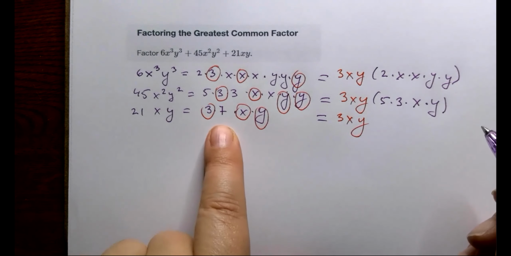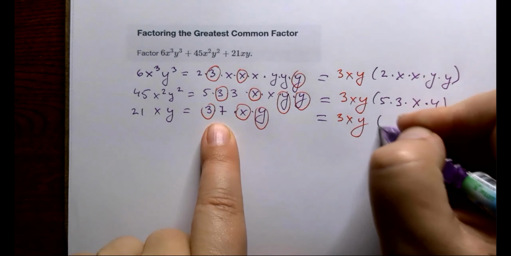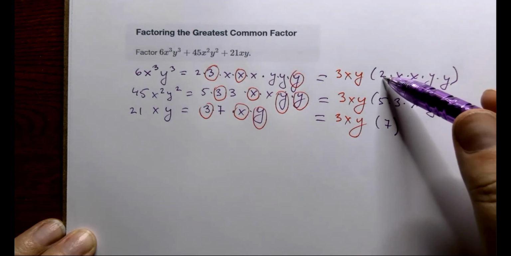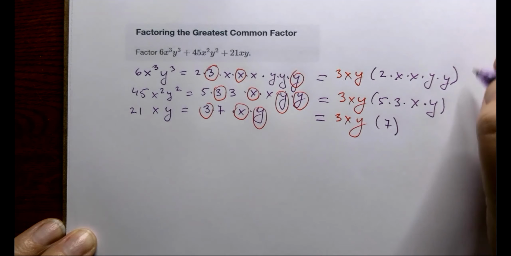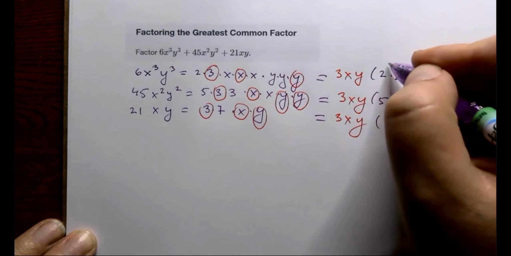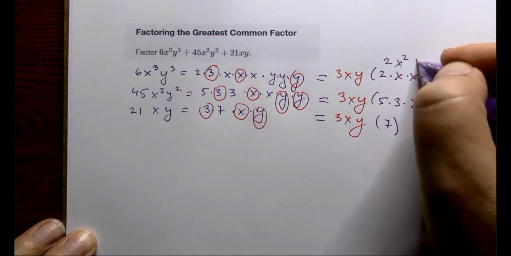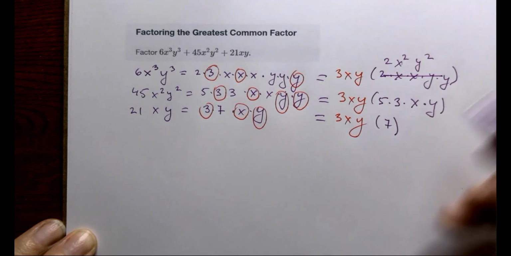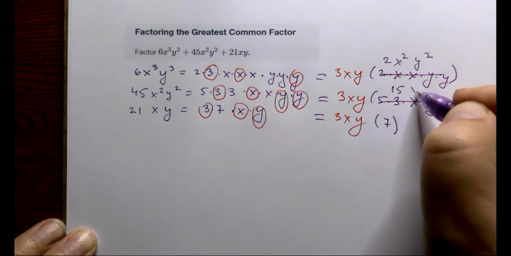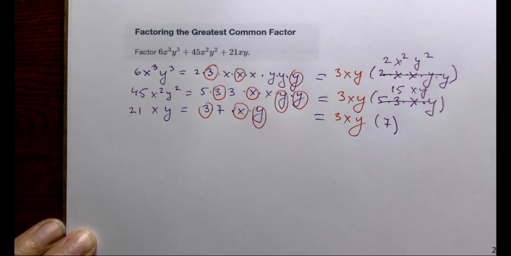And here, what do I have left? Only 7. All right, so now we can write these in shorthand. So this would be 2x squared y squared, and this would be 15xy, and this is just 7.